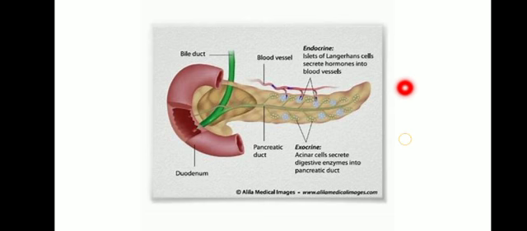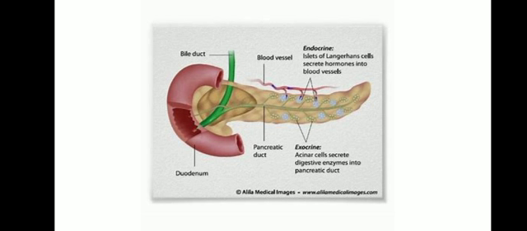Okay ma, so the enzymes it secretes are lipase, trypsin and amylase. Likewise it secretes enzymes, and it also secretes hormones. You see the small dots, those are blood vessels that collect the hormones. Alpha cells and beta cells are present in a group of cells, and that group of cells we call the islets of Langerhans.